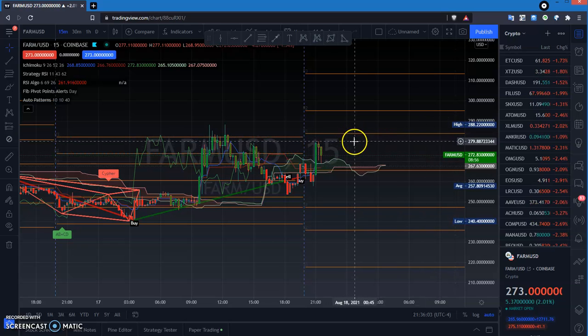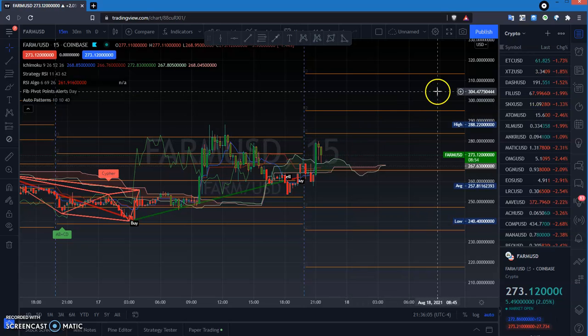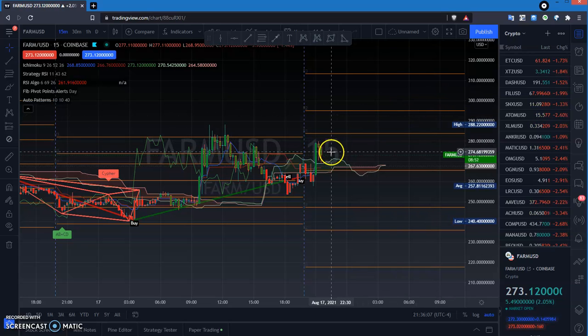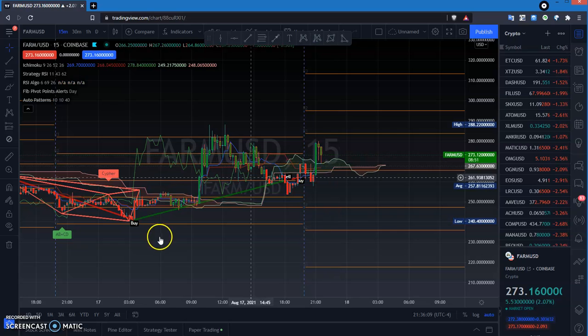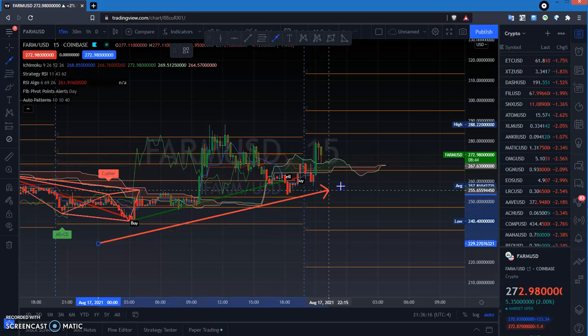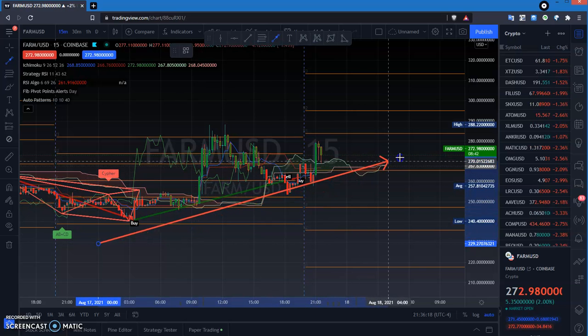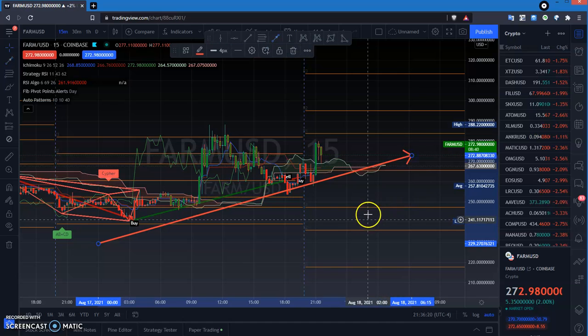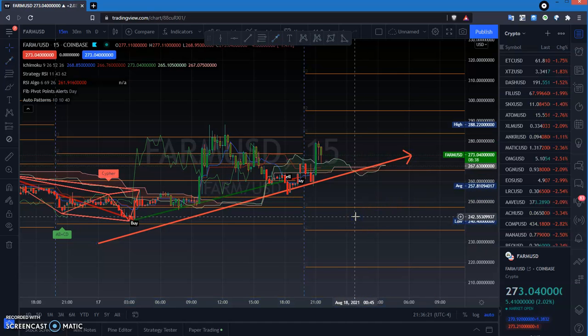It's a psychological level right now. 300 has a ways to go, but if it continues this trajectory, this is nice. Even if it's slow, it doesn't have to be fast, but slow and steady wins the race.